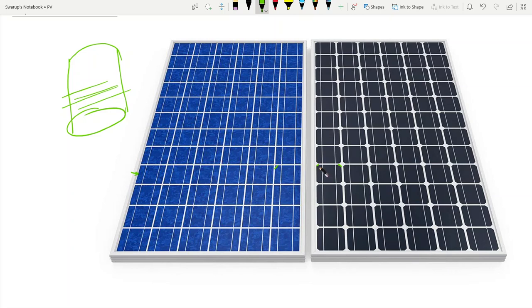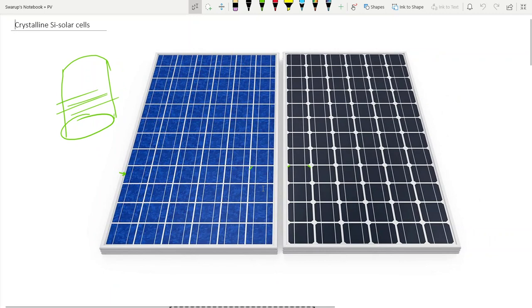And so you get the color difference in polycrystalline because of the diffuse reflection, the scattering from the grains, right? So whenever you go to buy a solar panel, look at the color, and you can easily tell whether it is a single crystalline or polycrystalline panel.